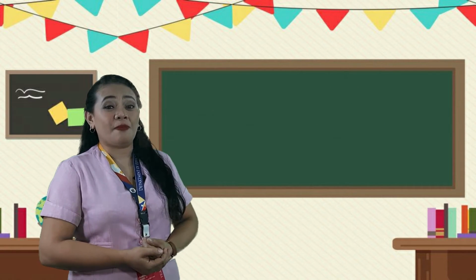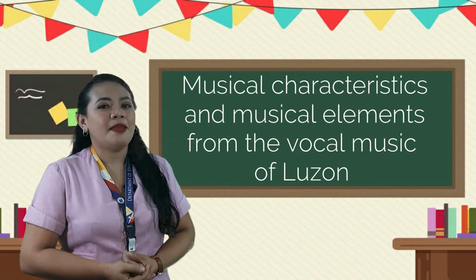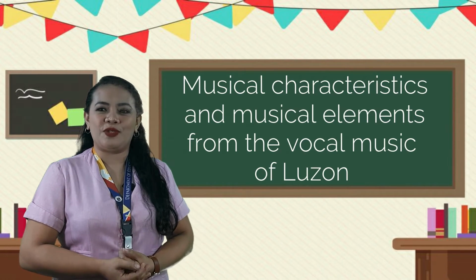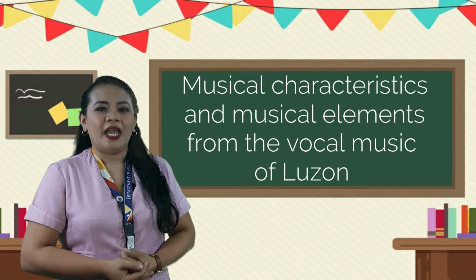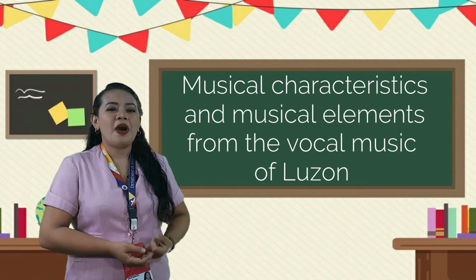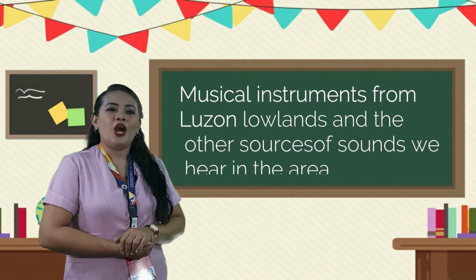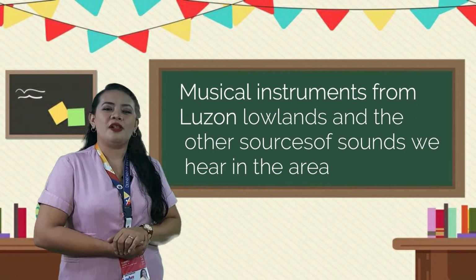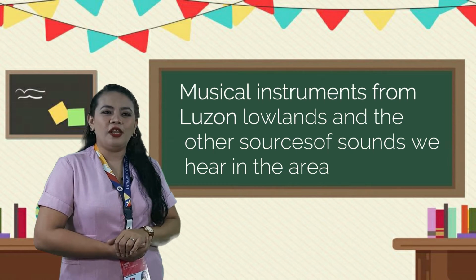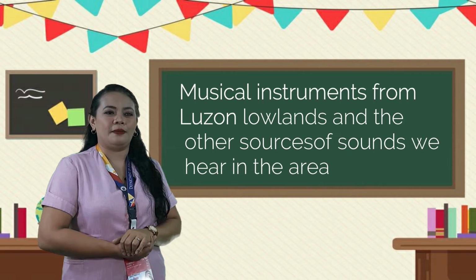You have learned from the previous lesson about the musical characteristics and musical elements of the vocal music of Luzon. Now, let me take you to the same area but with a different target to hit. We will be learning about the musical instruments from the Luzon lowlands and the other sources of sounds we hear in the area.